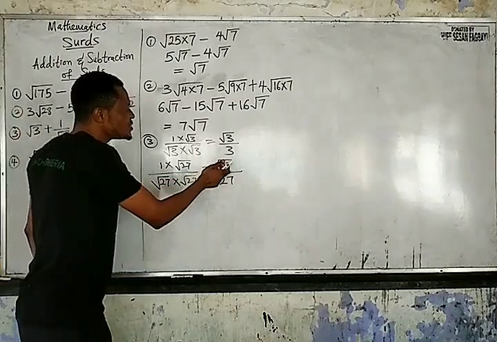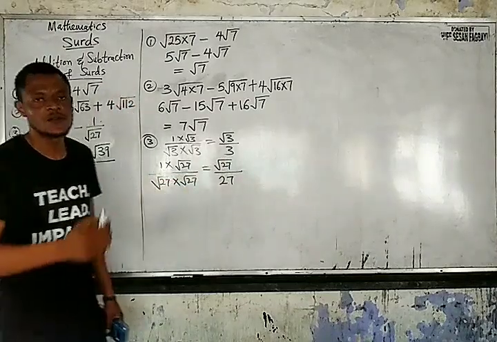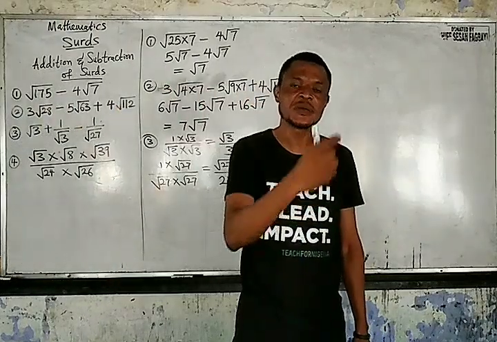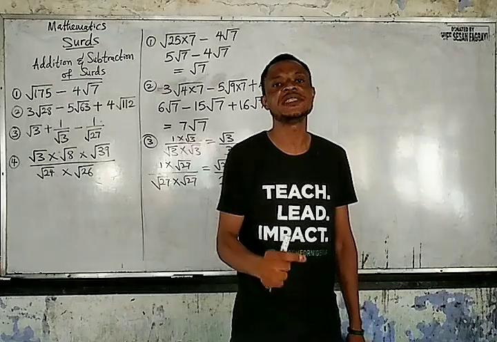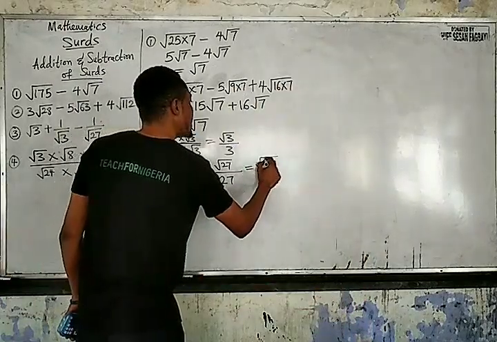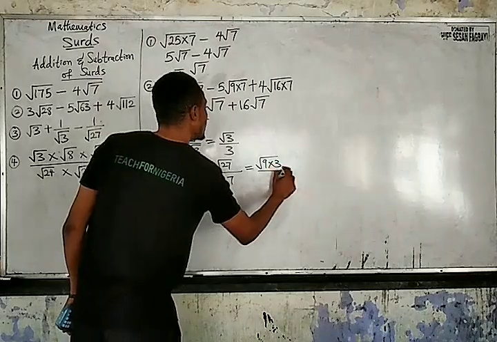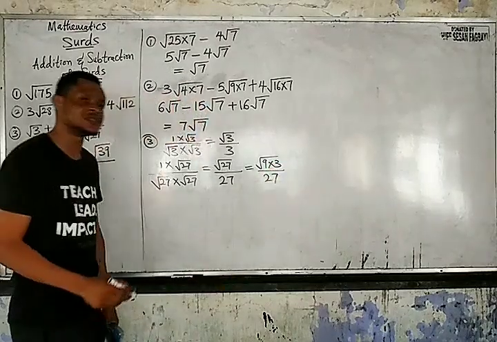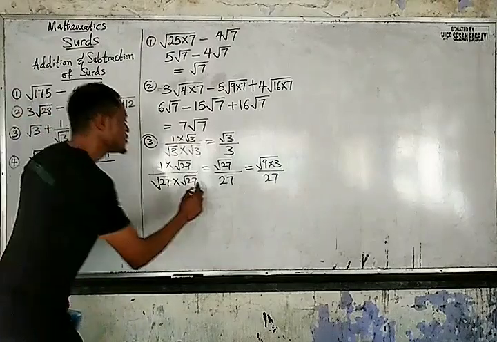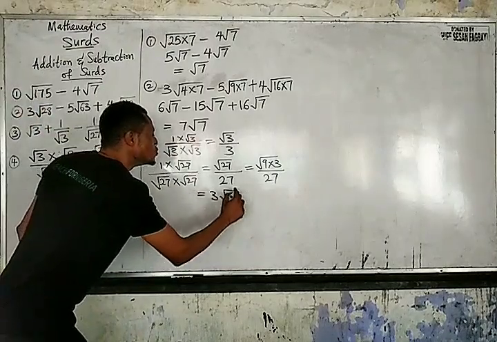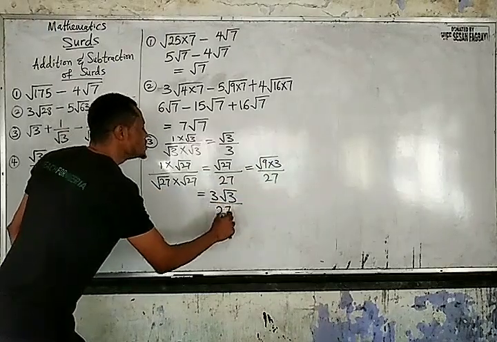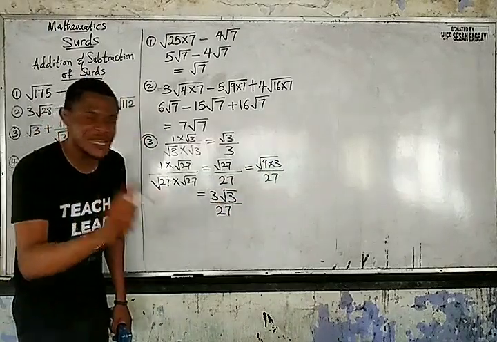But I can still break this root 27 further by saying 9 multiplied by 3. 9 multiplied by 3 will give me 27. Root 9 multiplied by 3 all over 27. So the root of 9 is 3. So 3 root 3 from here all over 27.